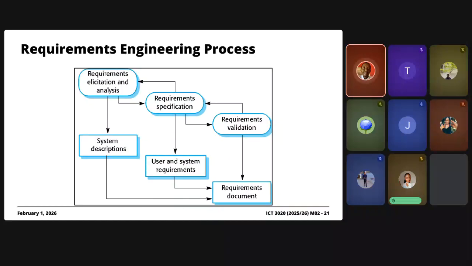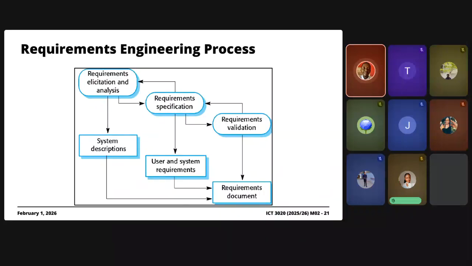A key output of requirements engineering is a document called the requirements document. In fact, the correct name is the software requirements specification document, the famous SRS document. That's the end result of requirements engineering.